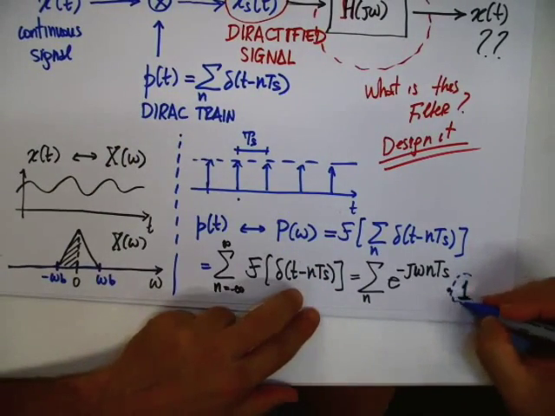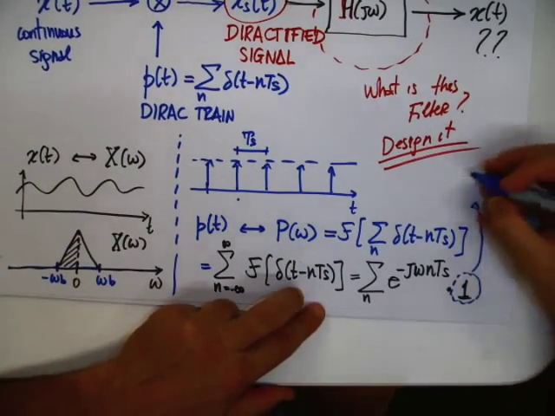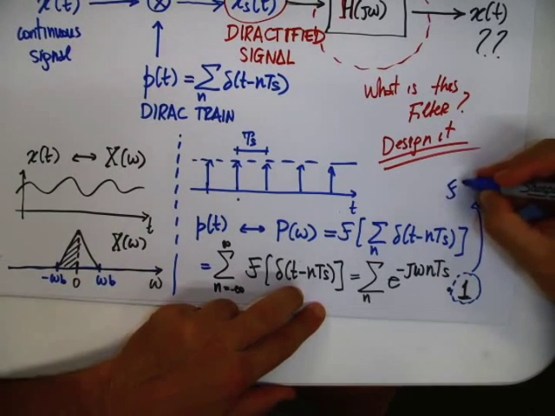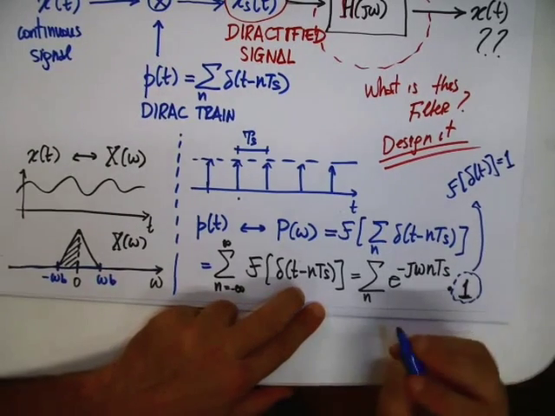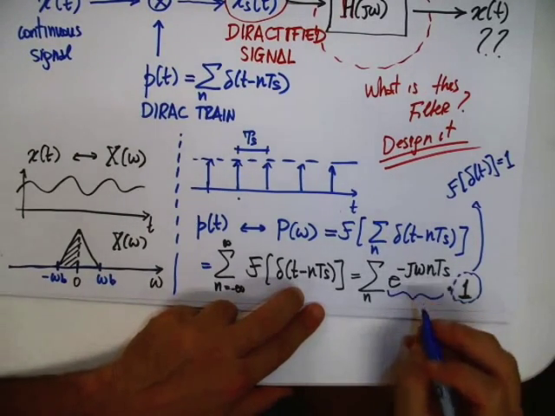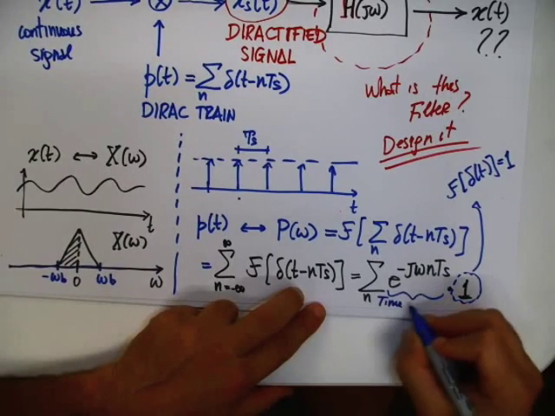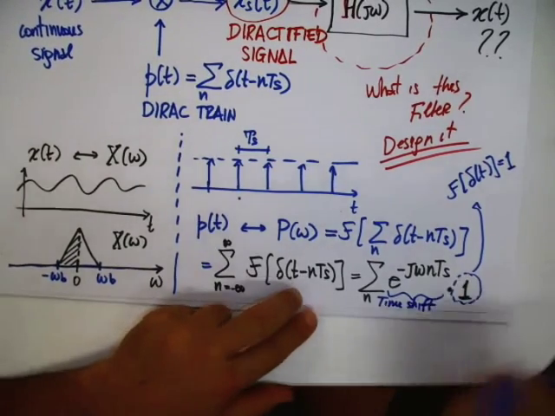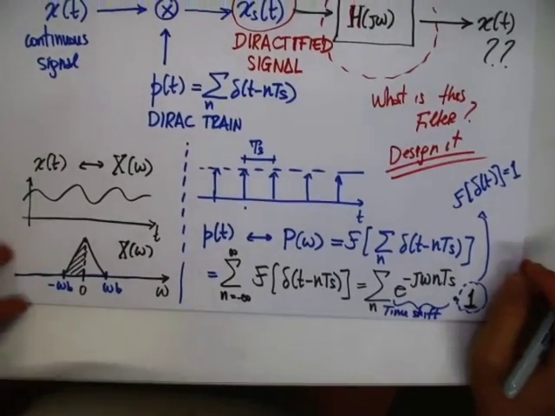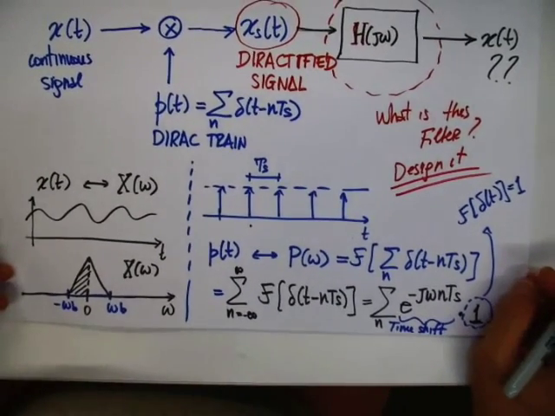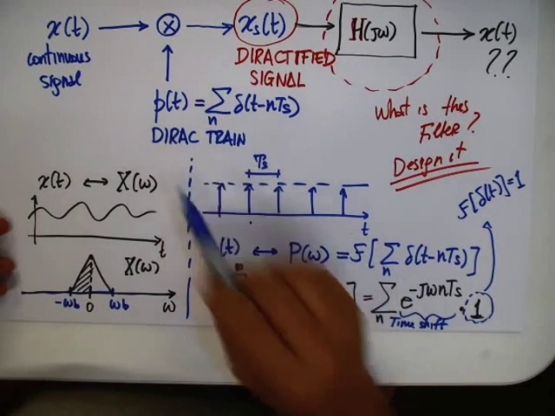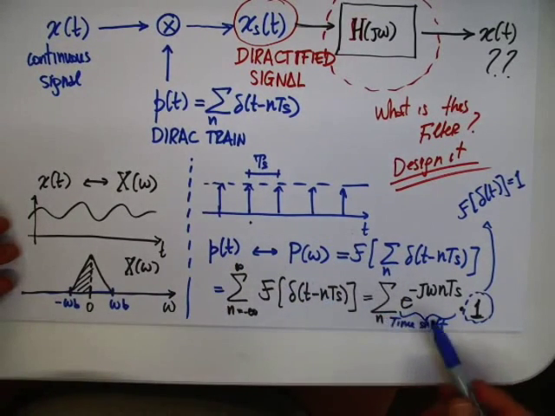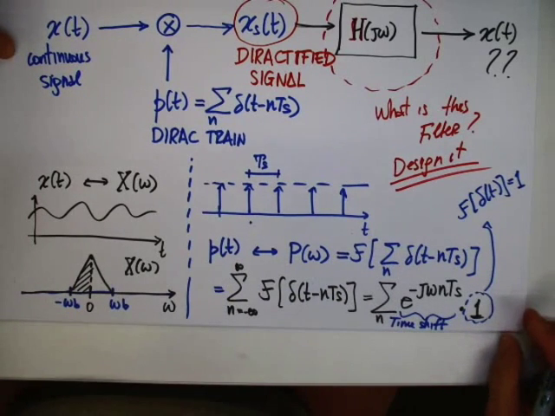This term comes from the time shift property of the Fourier transform. So here we get a first form of the Fourier transform of the Dirac train, which is given by this infinite sum that could be helpful. We're going to see how we can use it.